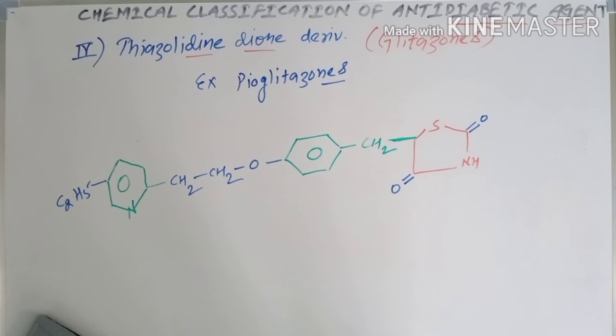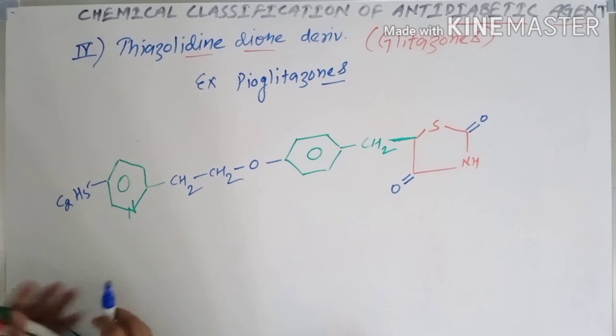So this is the structure of your pioglitazone. There is another drug in this class which is rosiglitazone. I think one structure is enough for all of you. I am not drawing the structure of rosiglitazone.